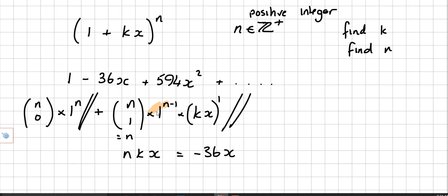Regardless of what n is, this will equal 1, because 1 to the power of anything is 1. Like 1 to the power of 2 is 1, and 1 to the power of a million is 1. So what we're saying is we don't know what n is, but whatever it is, the answer will be 1.